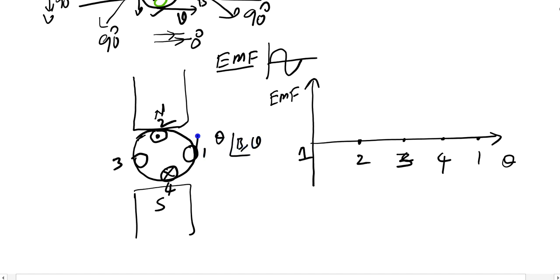Because this is going tangentially, and this is the direction of the flux. So the angle theta between B and V is 180 degrees, isn't it? And what could be the induced EMF? Sine 180 degrees. What is sine 180 degrees? Sine 180 degrees is 0.